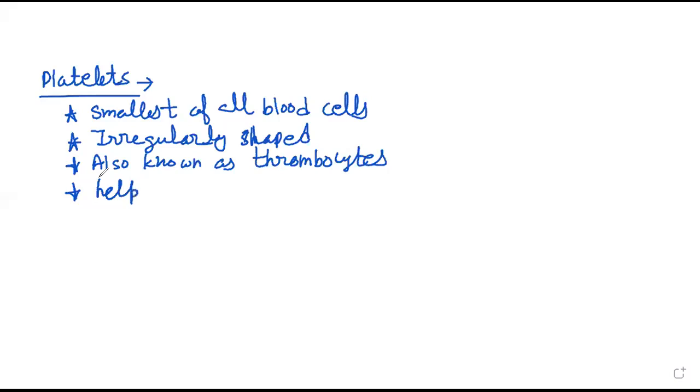So we can learn this: they help in blood clotting. That is the function of platelets. Whenever we get injured, the platelets become activated and stop the bleeding from the body.